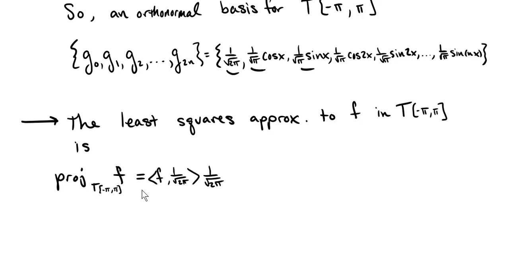That's the inner product of f with g naught times g naught. Plus, and we keep adding up, f inner product with this guy times that guy, and so on.